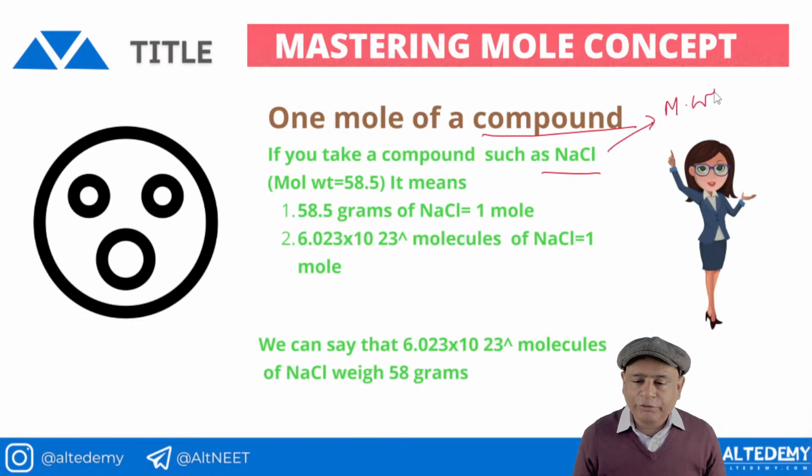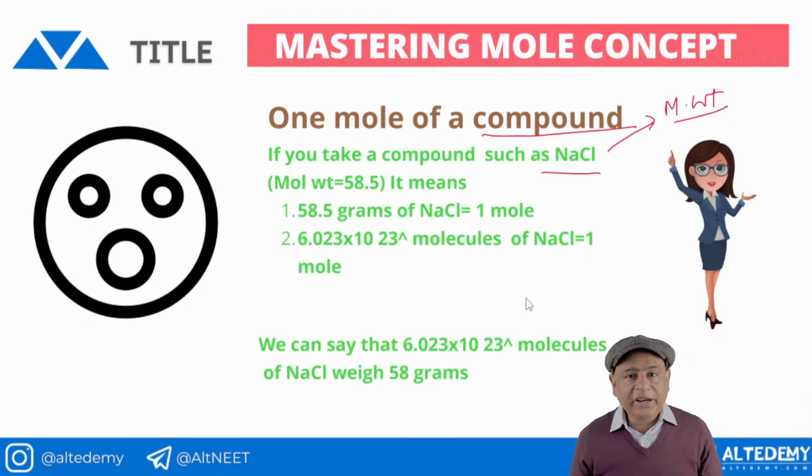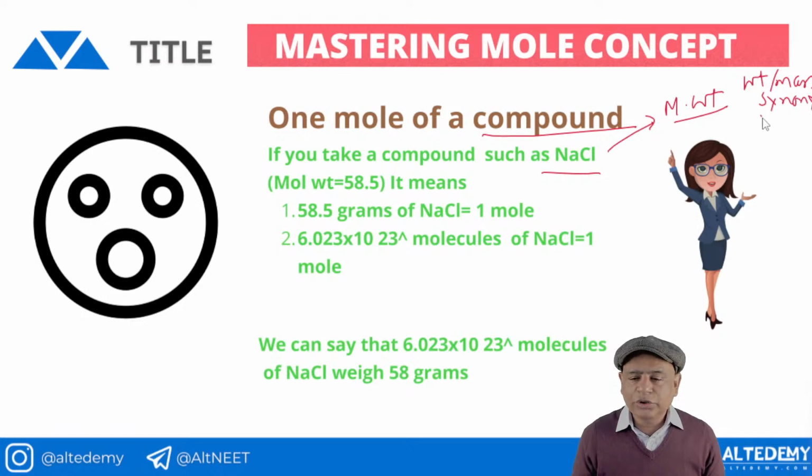the molecular weight of NaCl. In the case of elements, we had calculated atomic weight. In the case of a compound, as we are taking NaCl, we will be taking up its molecular weight or molecular mass. In chemistry, generally weight and mass we treat synonymously. In fact, we do not give much importance to acceleration due to gravity, right?